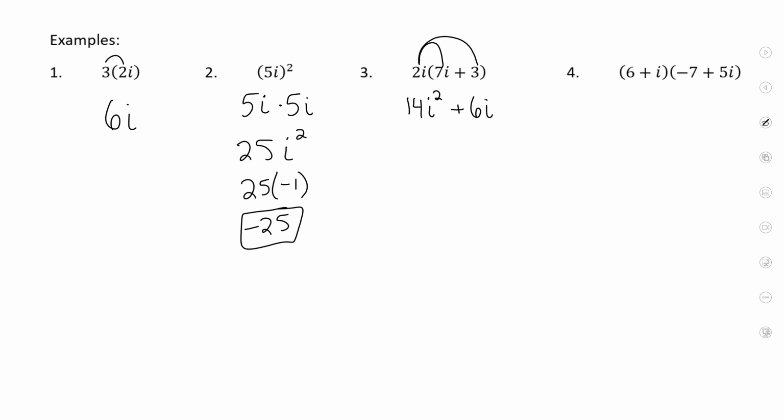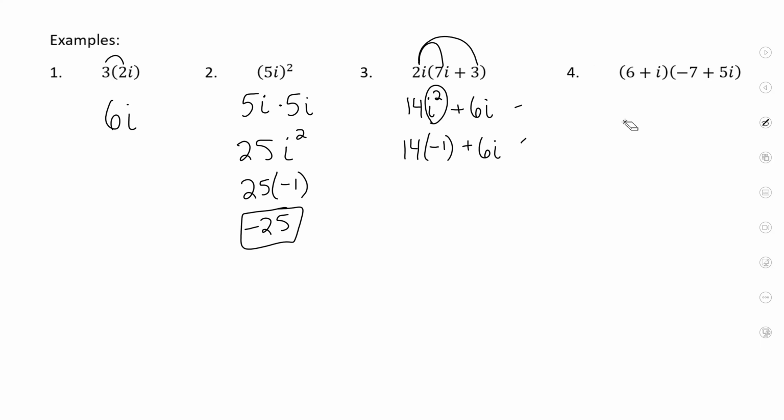Now we have to remember the fact. i squared is -1. So this is 14 times -1 plus 6i. All I did from this step to this step was just change the i squared to a -1.